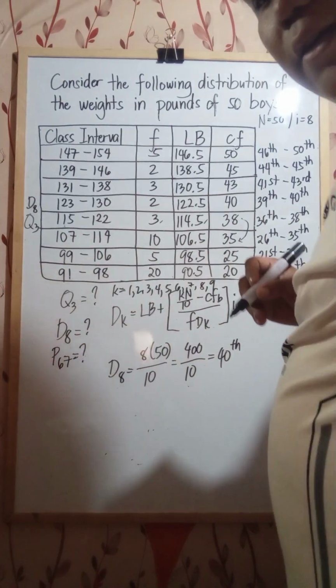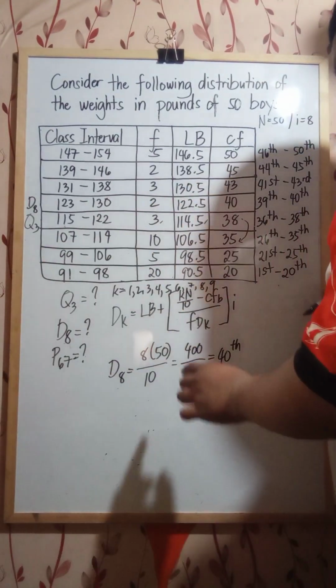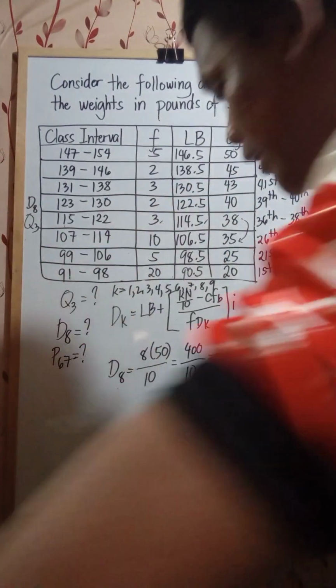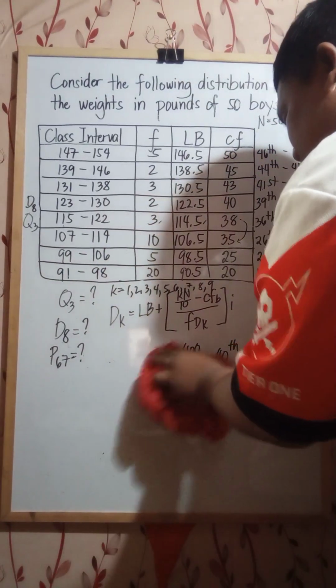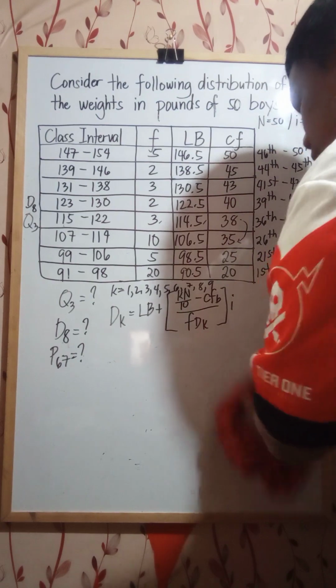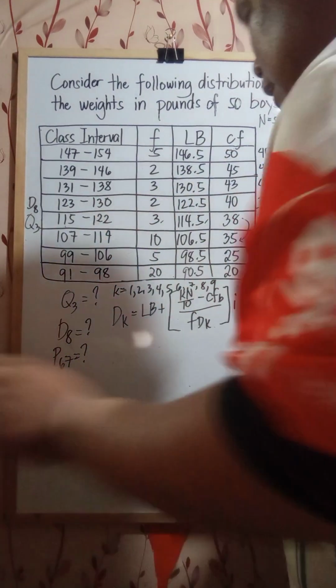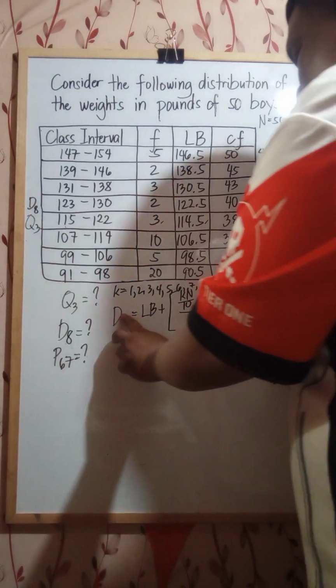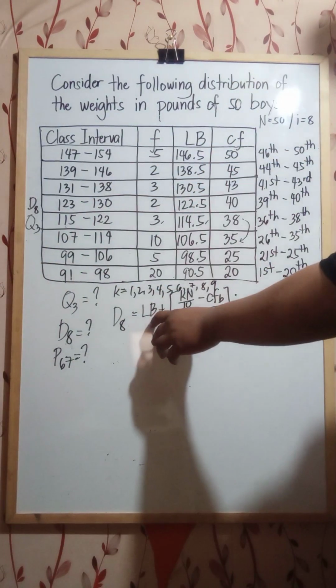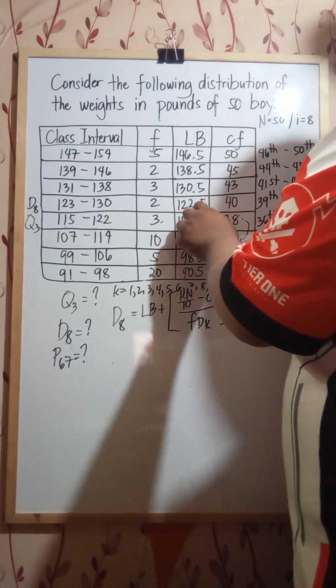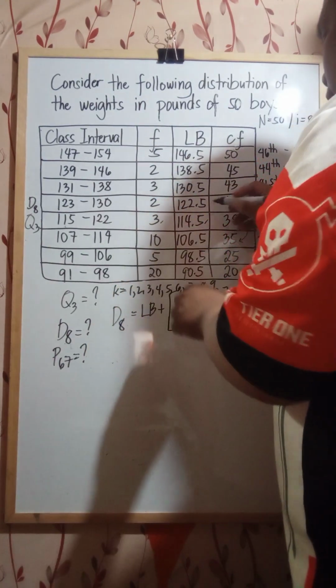After that, we replace the elements of the formula, such as K, which we replace with 8. Then, we locate the lower boundary of the 8th decile. This is the lower boundary, 122.5.